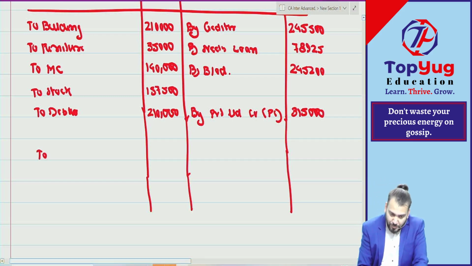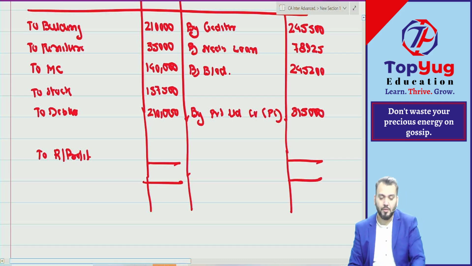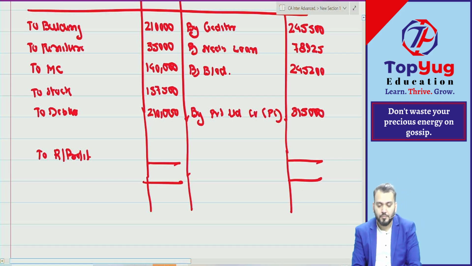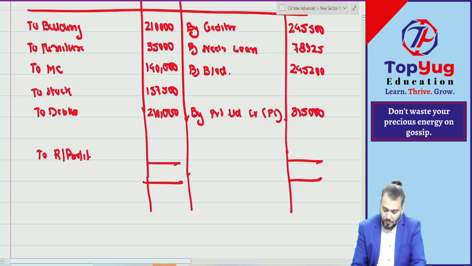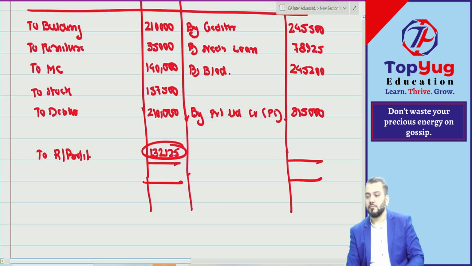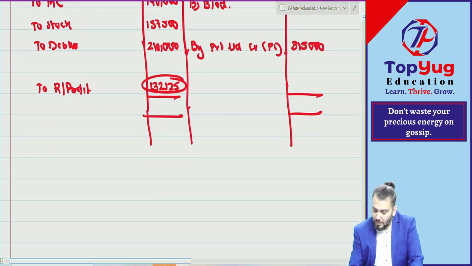So can you give me realization profit? One three two, 125. Simple.